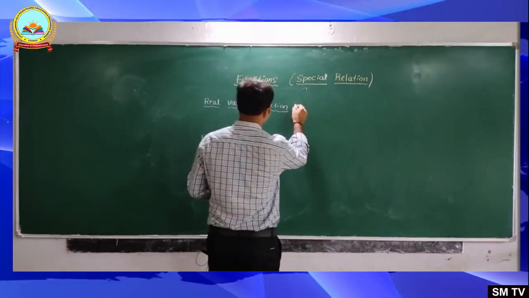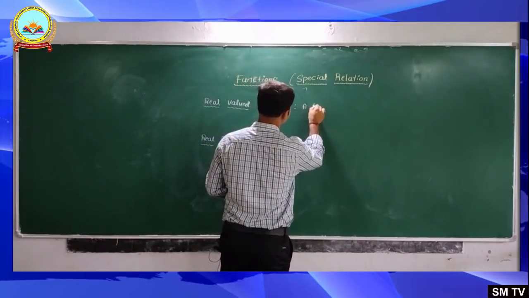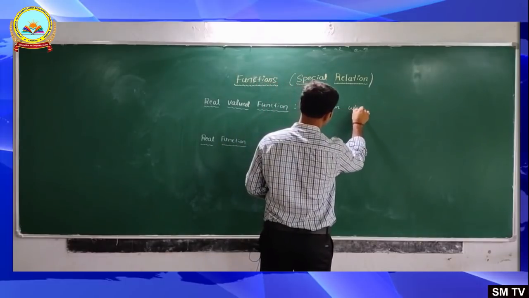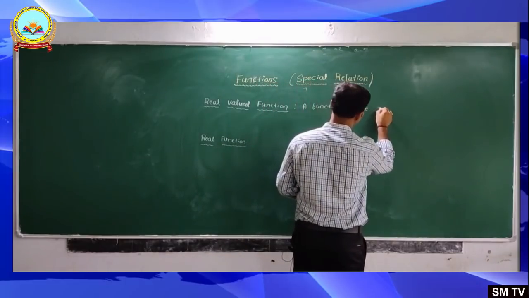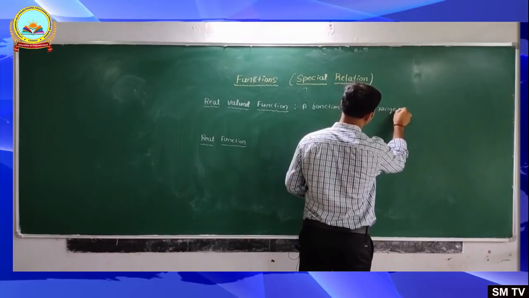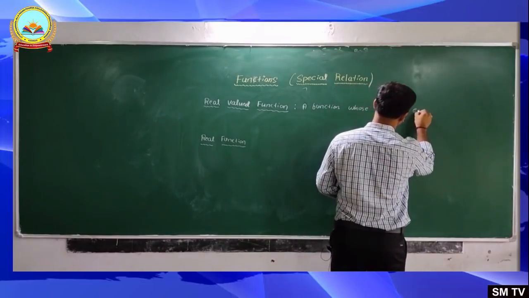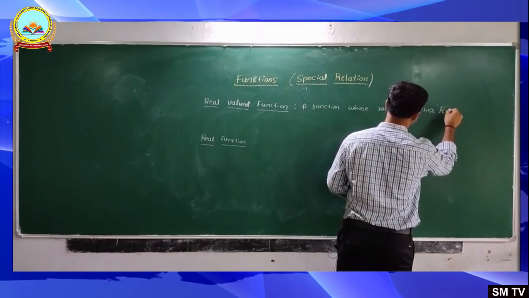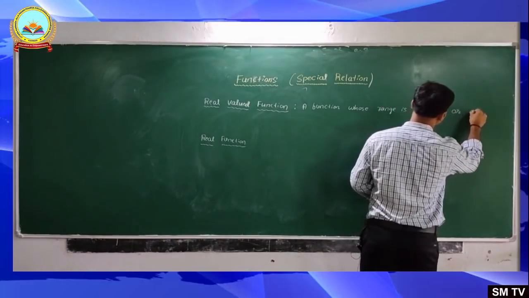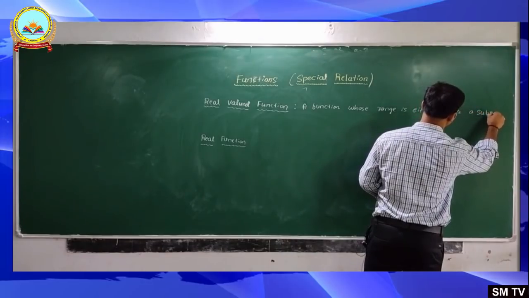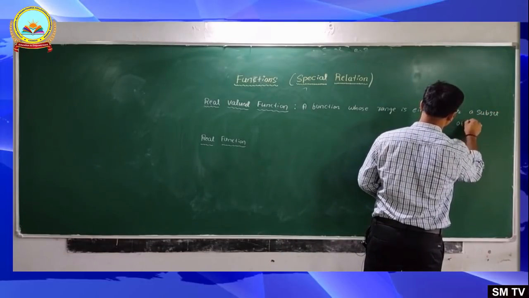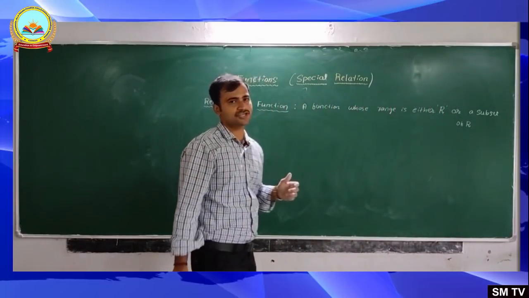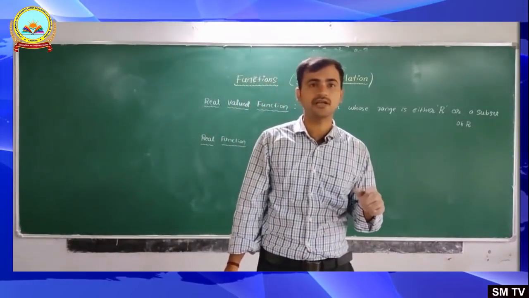A real valued function is a function whose range is either R, meaning the set of real numbers, or a subset of R. So what is a real valued function?